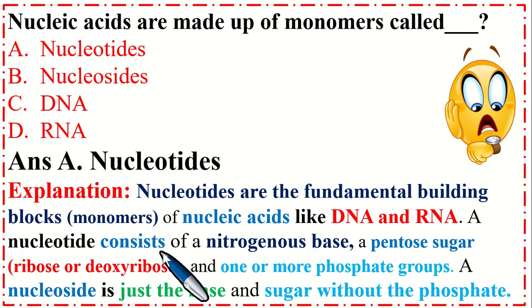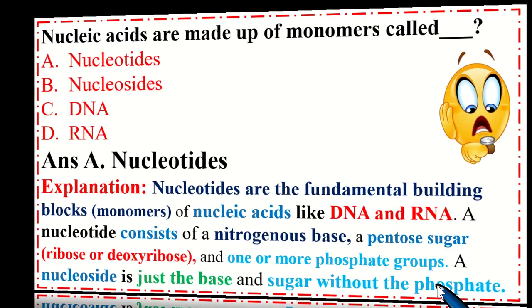A nucleotide consists of a nitrogenous base, a pentose sugar, ribose or deoxyribose, and one or more phosphate groups. A nucleoside is just the base and sugar without the phosphate.